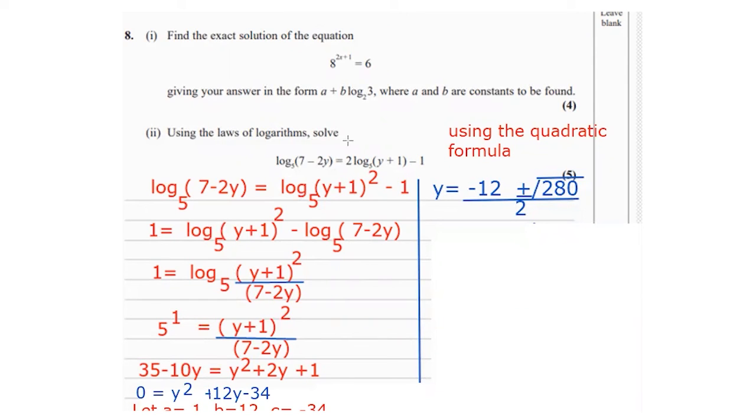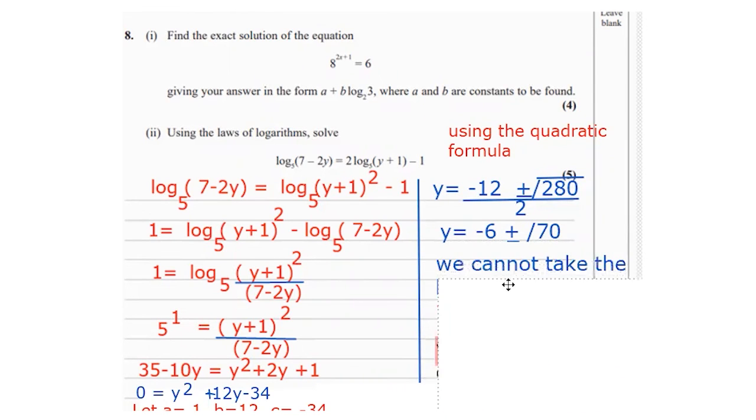Now, we know that we can use our calculator, so I shall go straight to the next step, which is, I divide everything by 2, so I get 6 plus or minus square root of 70. Now I shall be considering the values of y, and we are taking the logarithms of these values.